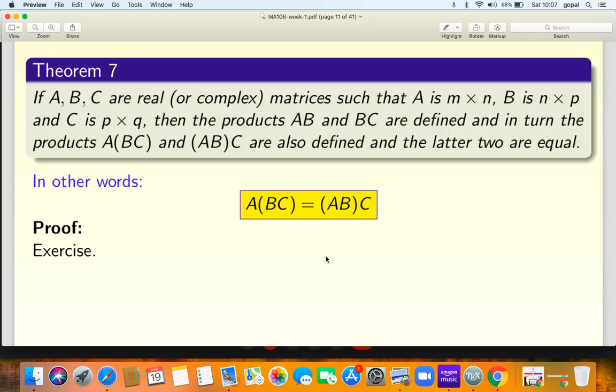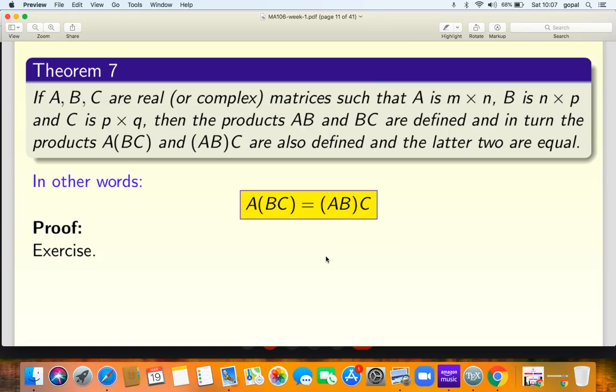For example, you can ask, what are the properties of multiplication and addition of real numbers? Multiplication distributes over addition. Is the distributivity law true? That's an important question. Another question is that you could take two matrices A and B of the same size, A is m cross n, B is also m cross n.